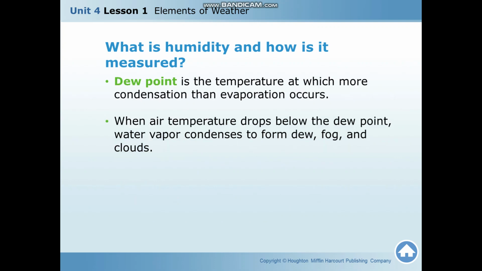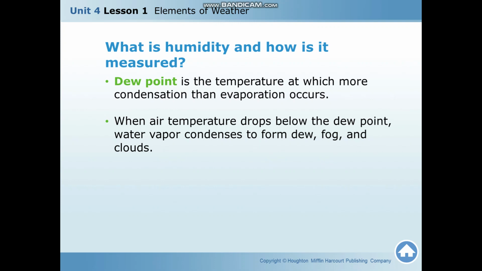All right. So dew point, it's the temperature at which more condensation than evaporation occurs. So at this time, it's different. And when air temperature drops below the dew point, water vapor condenses to form dew, fog, and clouds.